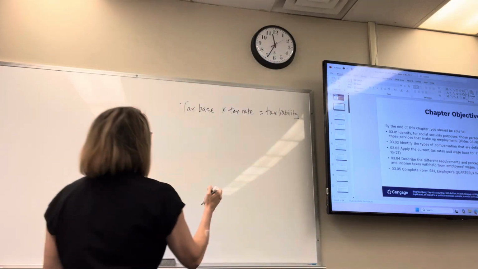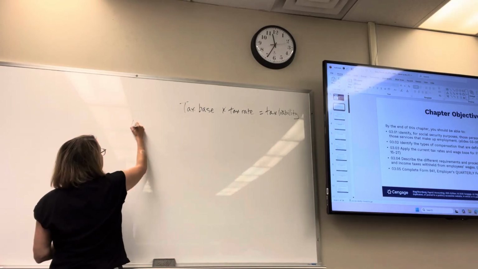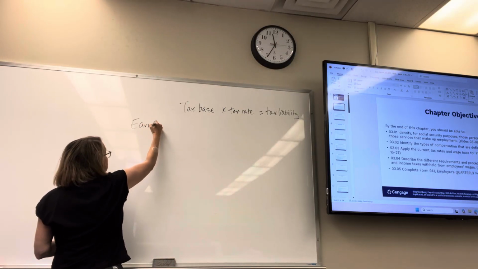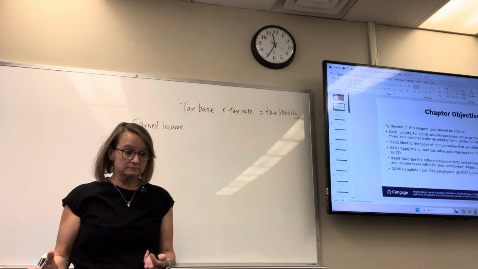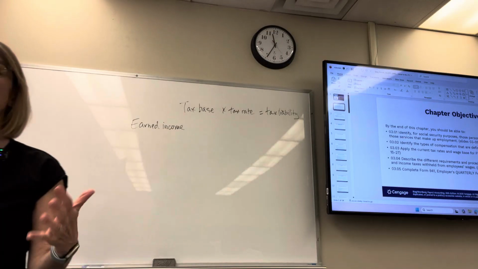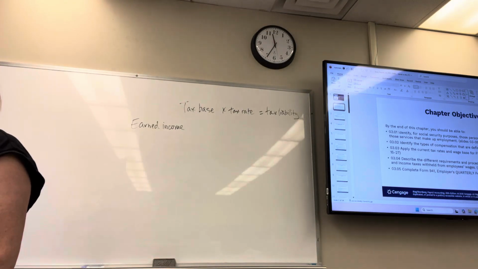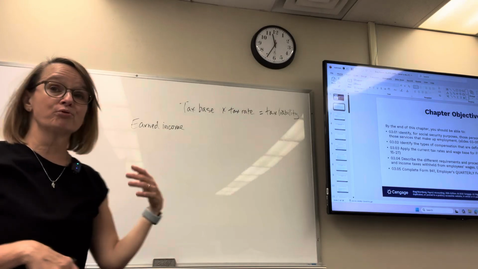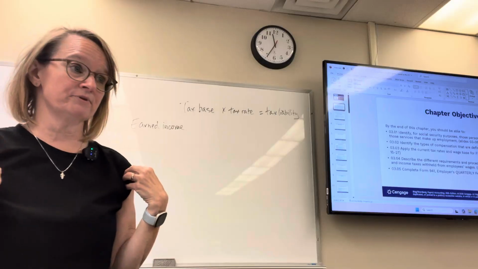What we're talking about here is essentially earned income, okay? Earned income as opposed to passive income. So, what does that mean? It means it's income for which we have exchanged our time, our services, our expertise, our talents, our products. We've done something.